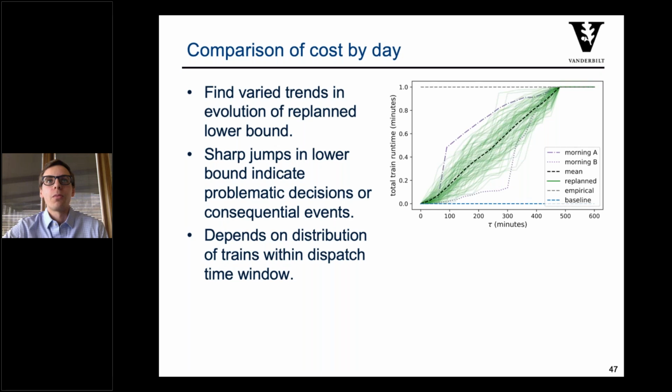I highlighted 2 different mornings from 2 different days here in purple, and you can see that one of those incurred a lot of its replanning costs in the middle of that dispatch window versus the other that incurred a lot of that cost earlier on. So that certainly identifies 2 very strategic periods during which we should look more closely at the dispatching process and how the network evolved that really led to that replanning being compromised.